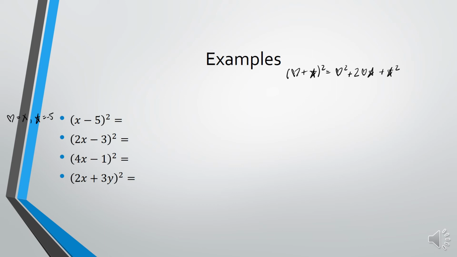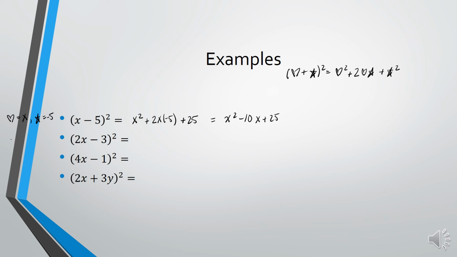So according to the rule, it should be heart squared. At the end, it's going to be my star squared, so -5 squared, which is +25. And then in the middle, it'll be 2 times my two terms being multiplied, which we can write a little bit nicer. Looks like x squared minus 10x plus 25.